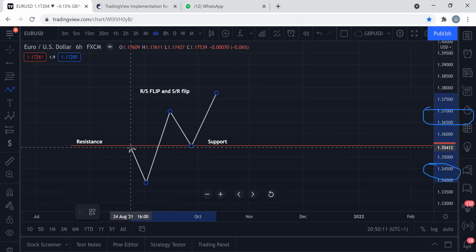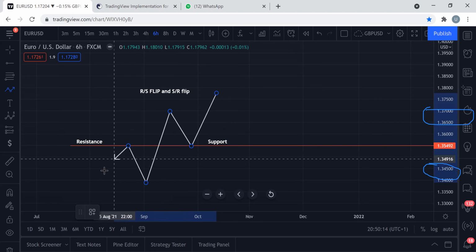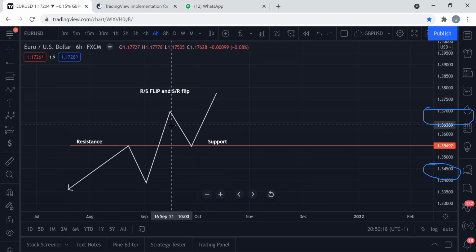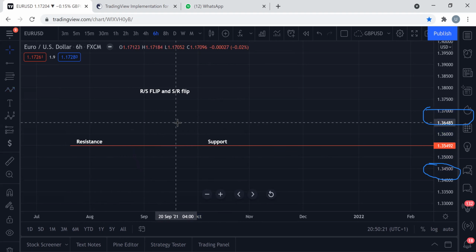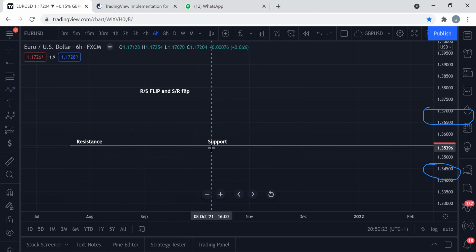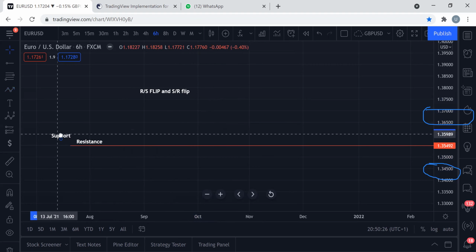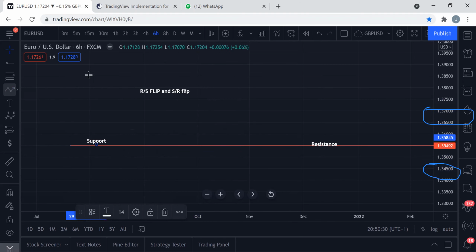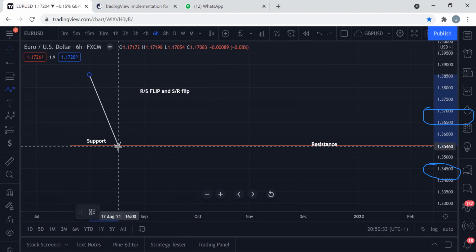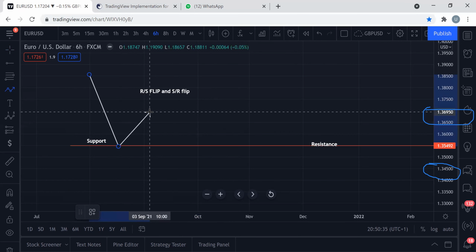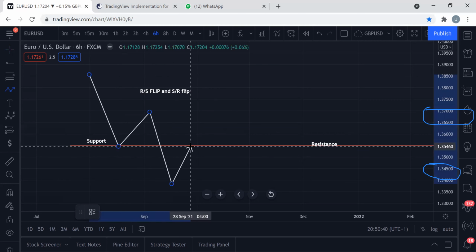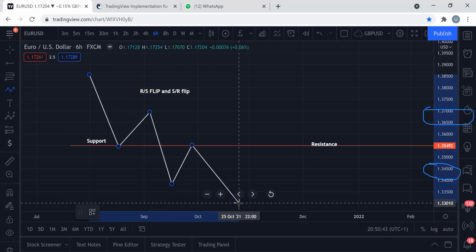When price now comes to it, it turns towards resistance. Now I've changed where the price is coming from. Let me not do that, so that it will not cause confusion. So price is coming from up like this, finds support here, comes back, then breaks it. That support will now turn towards resistance if the price is going back to it, and we'll now see something like that.